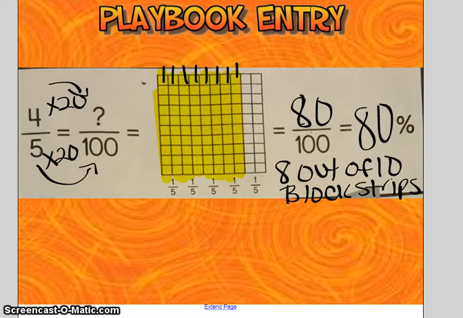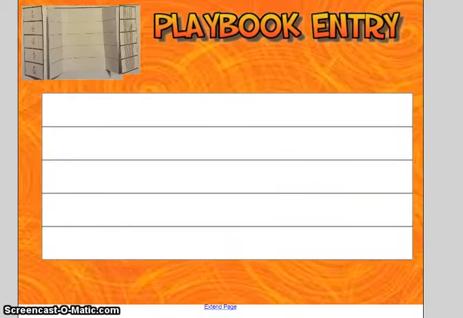Now we're going to move on to the last section. We're going to take what we just did and we're going to put it all down here. I know that I'm going to start with 7/10. I need to make it out of 100. 10 to 100 is times 10.